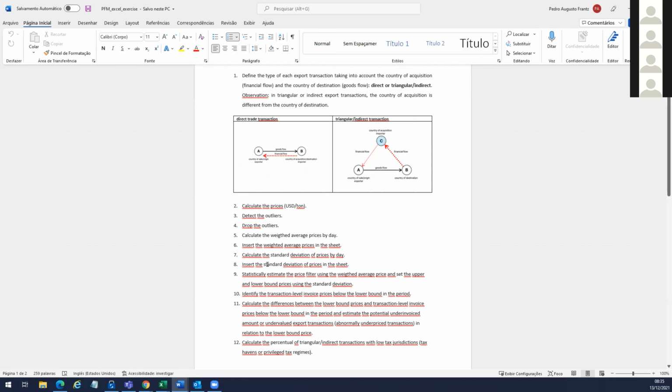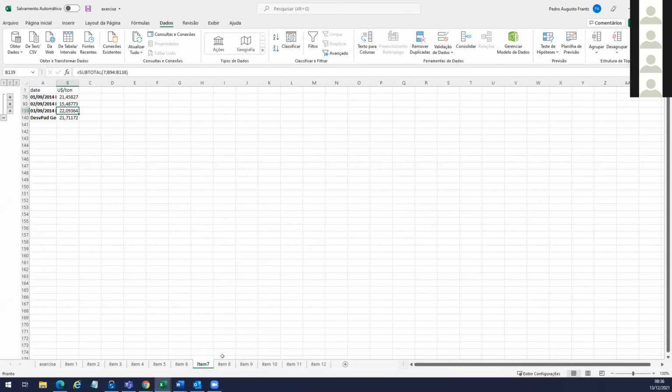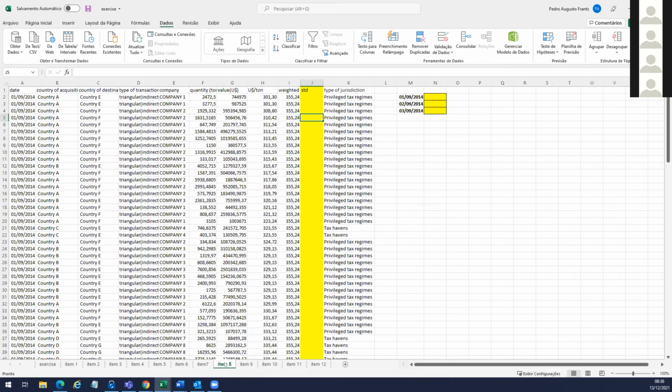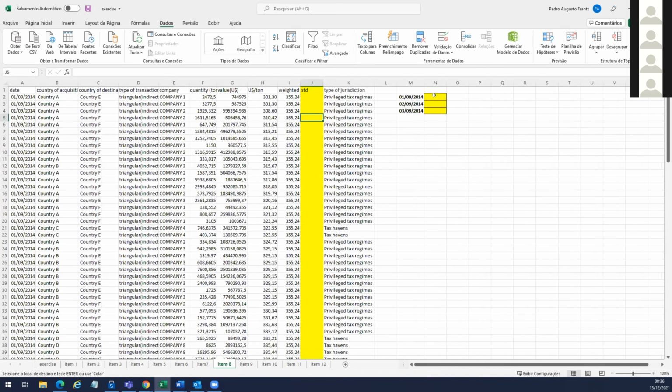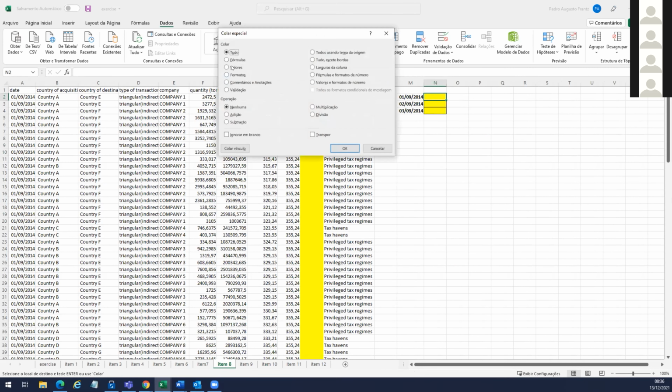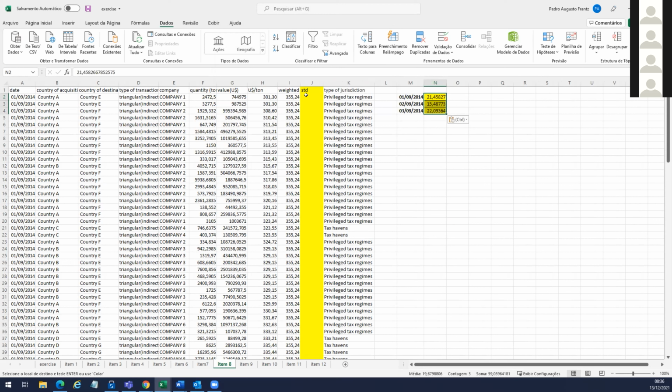Item 8, insert the standard deviation of price in the sheet. It's the same thing that we made in average price. I have here a space to put the standard deviation. I will copy from here. Values. And I will use the same formula that I used in weighted average. In English, it is VLOOKUP.